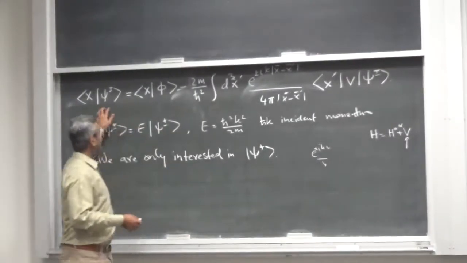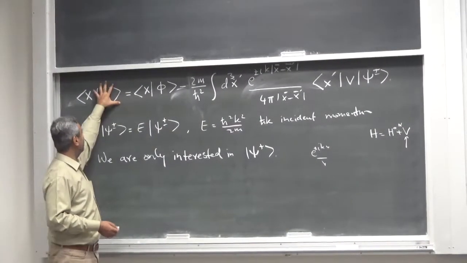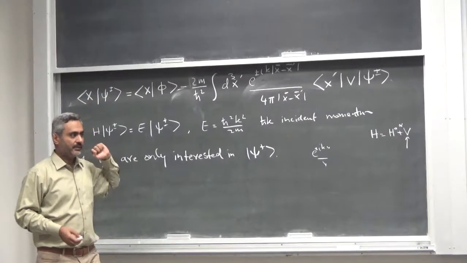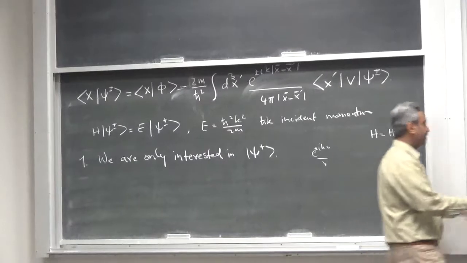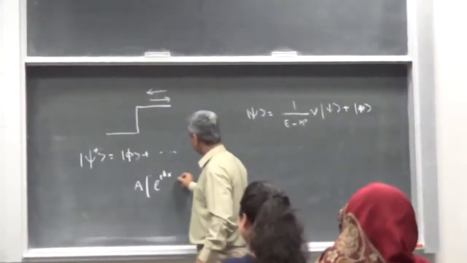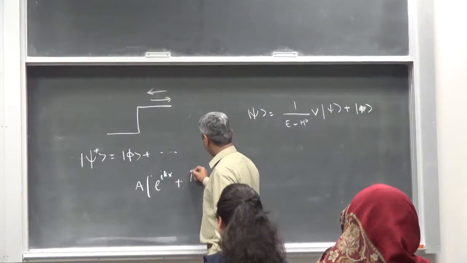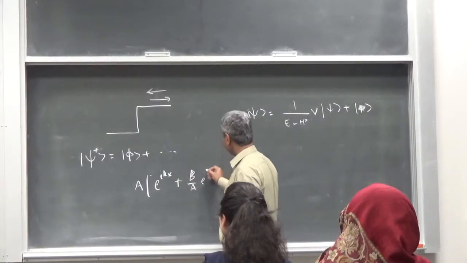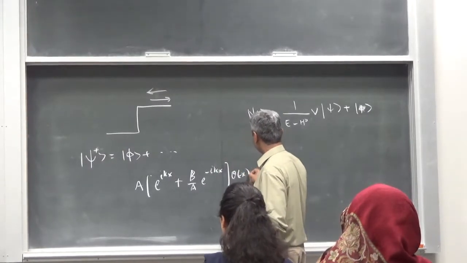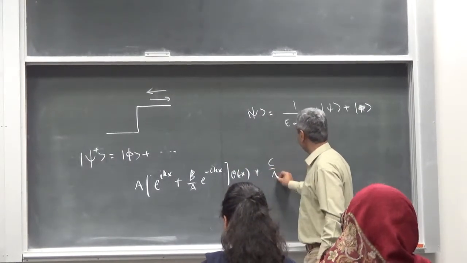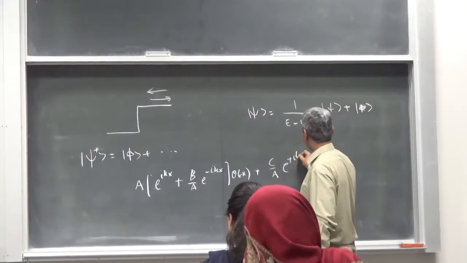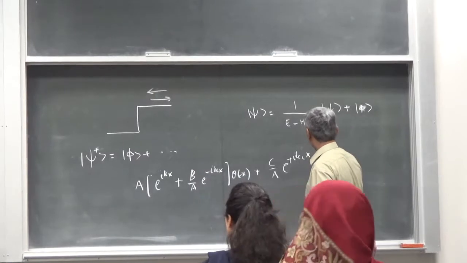What do you mean that I have equated? This is the solution. This is the general wave function, like the one that we had written: A e to the i kx plus B over A e to the minus i kx theta of minus x plus C over A e to the plus i kx theta of x.